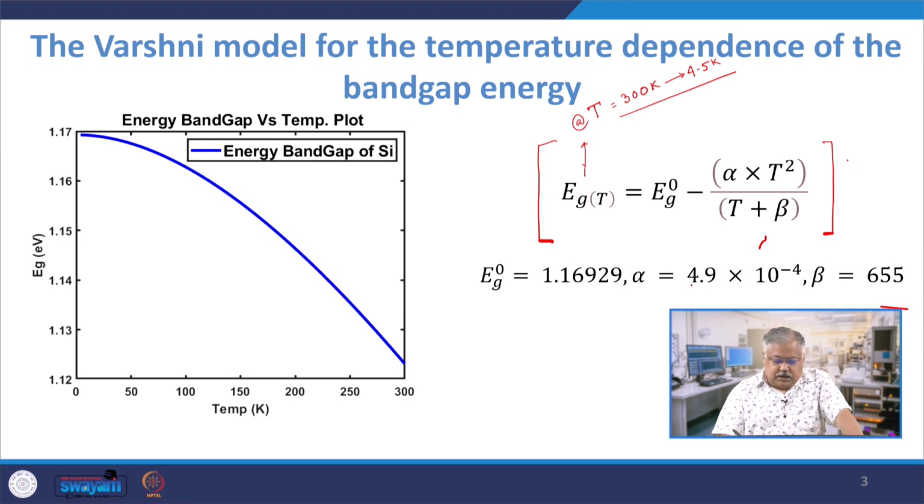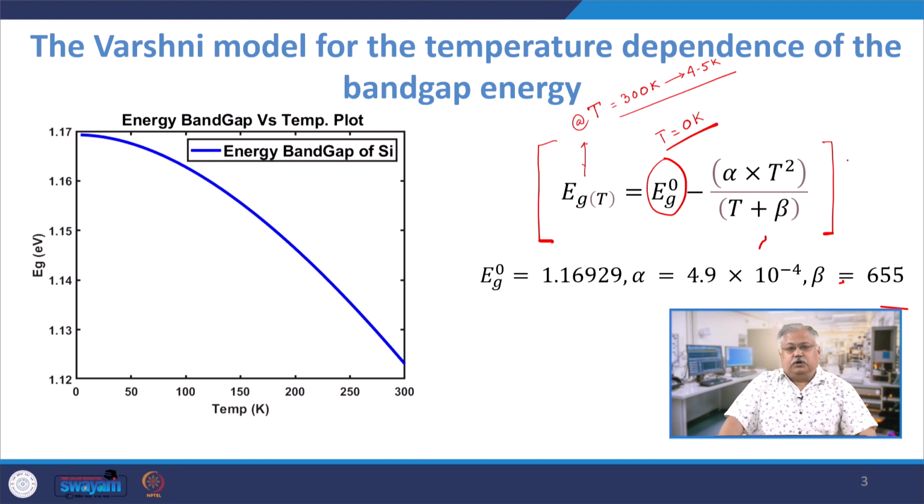EG0 is basically the band gap at T equals 0 Kelvin, and then we have a function of temperature with a negative sign, which primarily means that as the temperature goes on increasing, the band gap starts to reduce, right. So, the Varshni model actually takes care of the band gap energy change with respect to temperature.